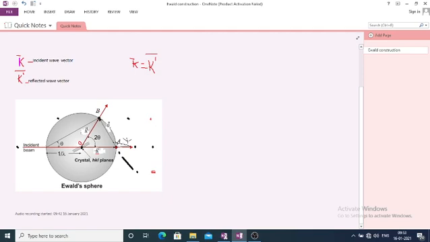So here, at a point B, the reflected wave terminates; this is the tip point of the wave vector.